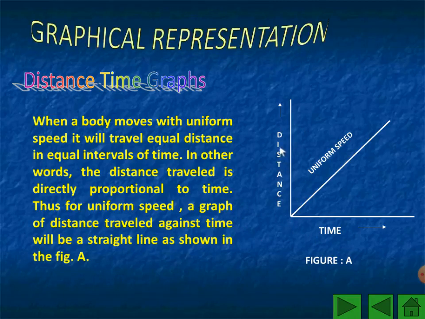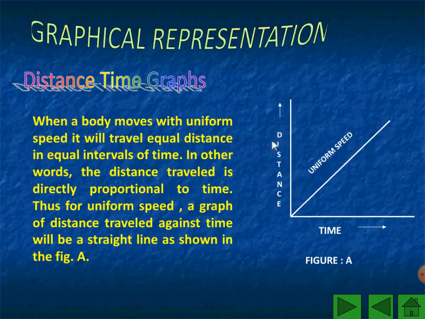And dependent variable means one which depends on another variable. Now if a motion is taking place, then the distance covered by the object depends upon time. As time goes on, distance will keep on increasing, because the body is moving. So this distance depends on time, right?